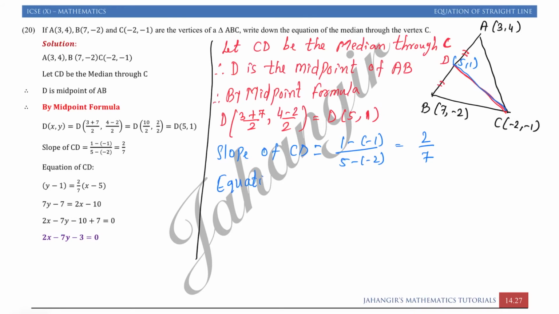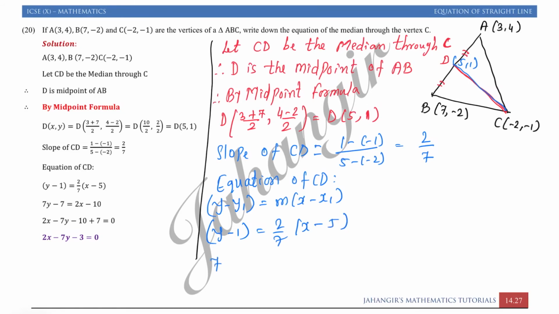Equation of CD: we can say y minus y1 is equal to m into x minus x1. You can take any coordinate from C and D. y minus 1 is equal to 2 by 7 into x minus 5.